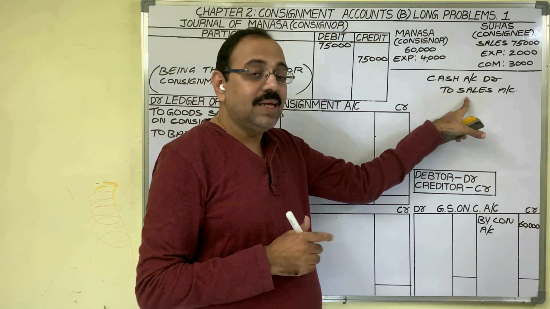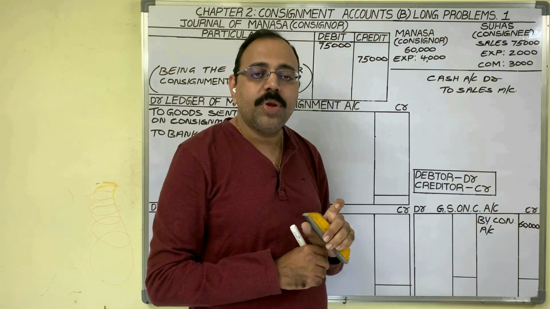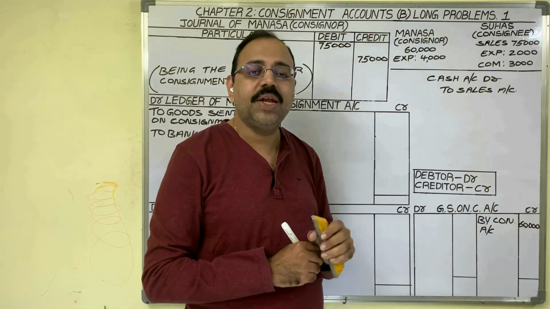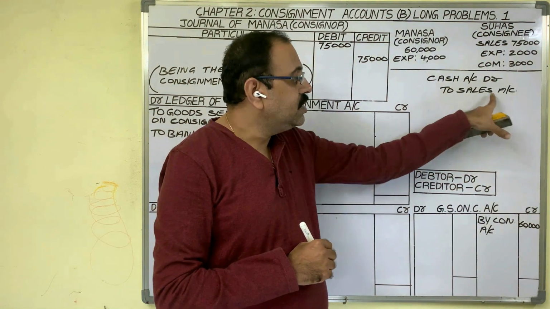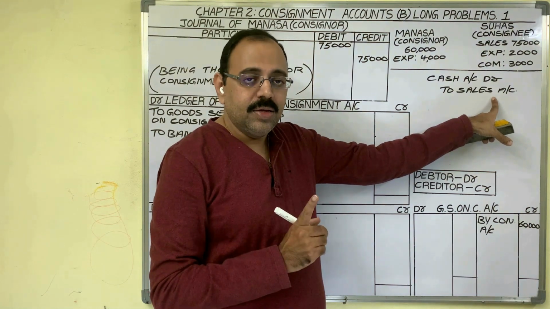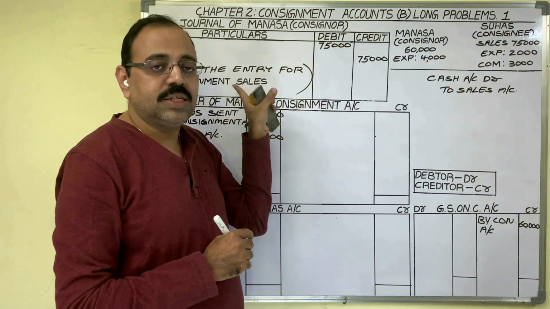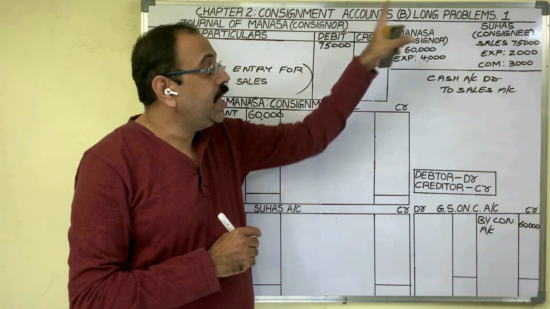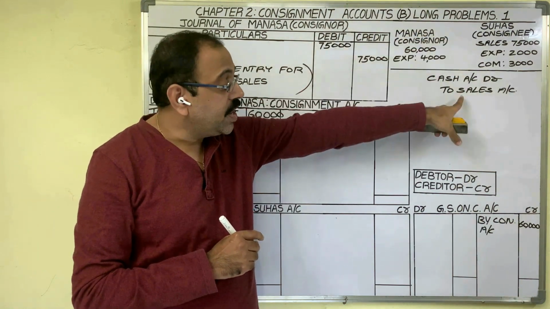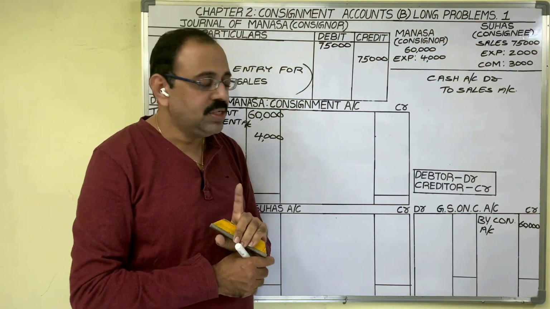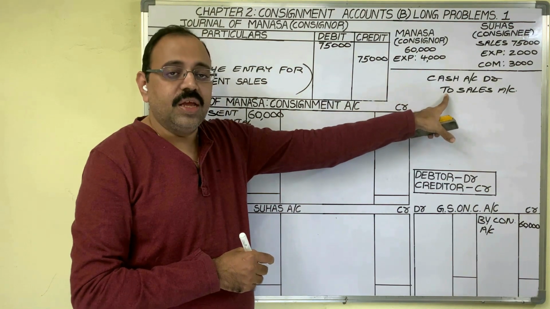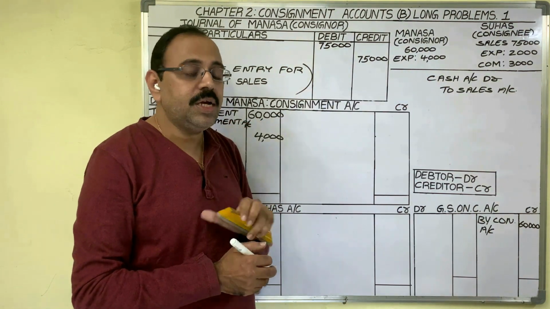And sales is an income. According to nominal account rule, income is to be credited. So we used to credit sales account. But in consignment business, for the sale made by consignee, we should not write this entry. Because if you write this entry, in which accounts does it appear?